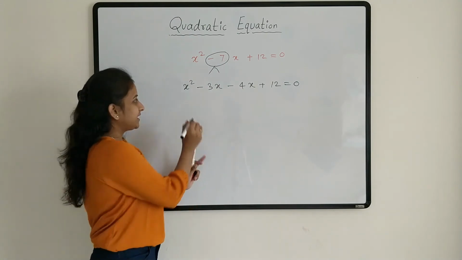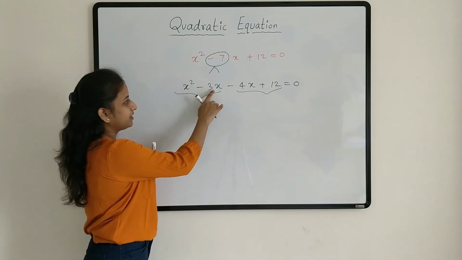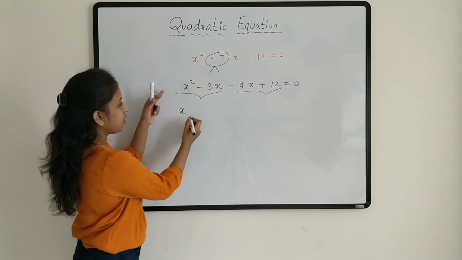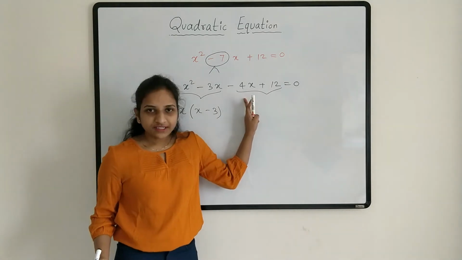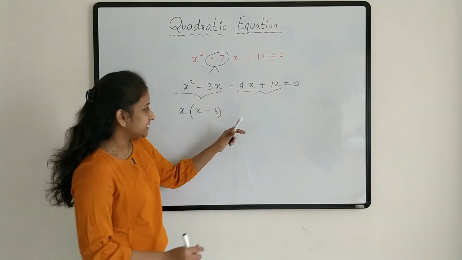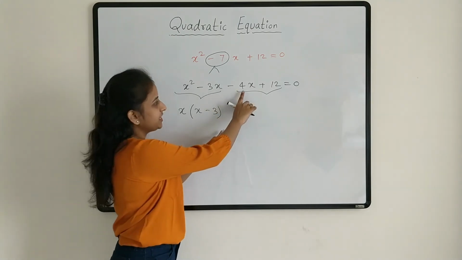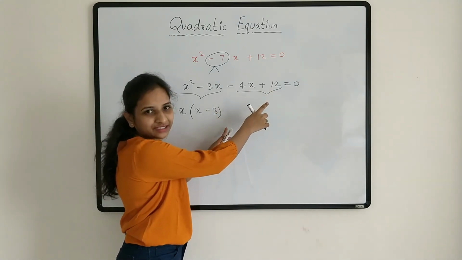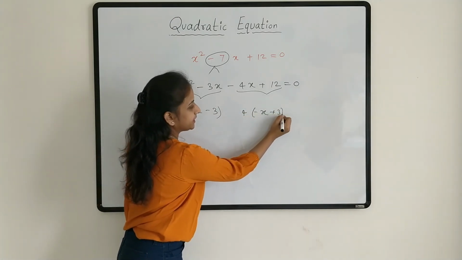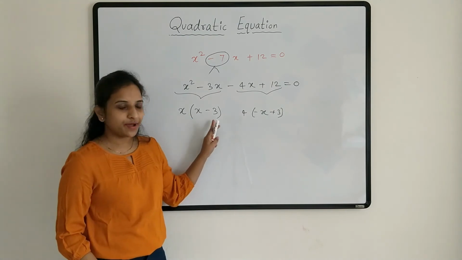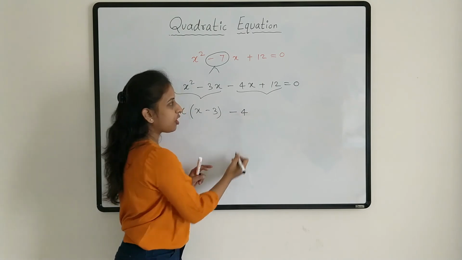Now the next step is taking common factors from these two and from these two. From this I can take x as common, then we are left with x − 3. From this we should take the common factor such that again we get x − 3. If we take 4 as common, then we are left with −x + 3. But we want x − 3. So that's why we should take −4 common.